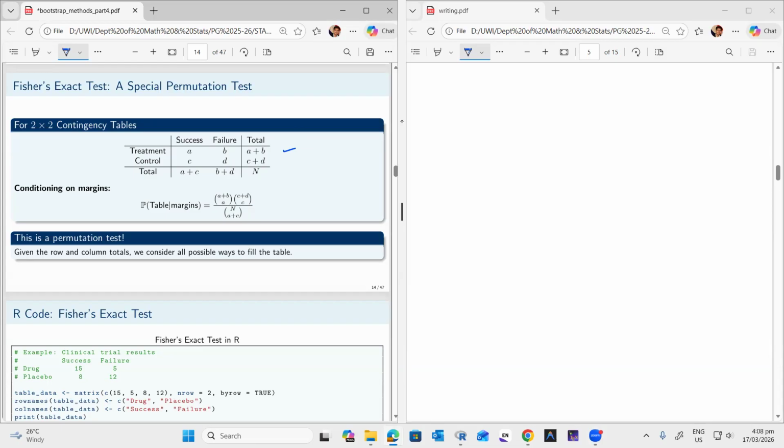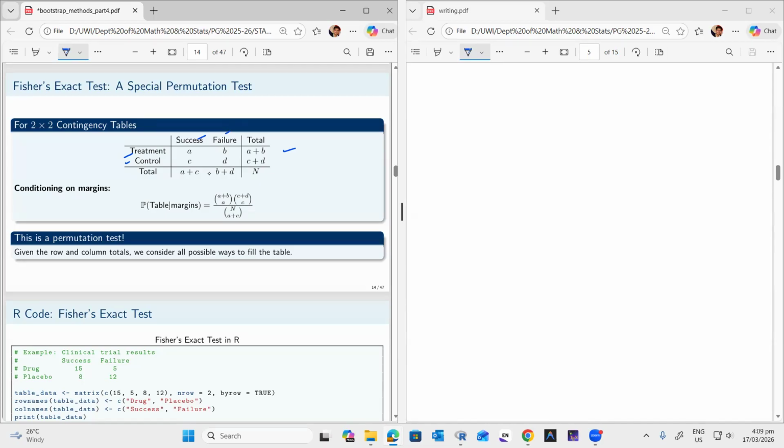Let's consider a study comparing a treatment and control group with binary outcomes like success and failure, and the data are summarized in a 2 by 2 contingency table that is given here.